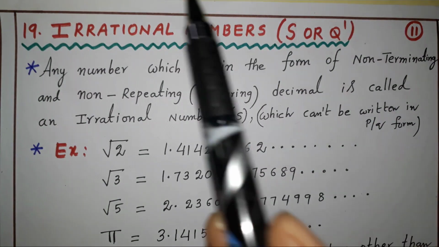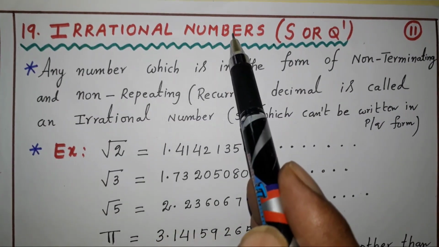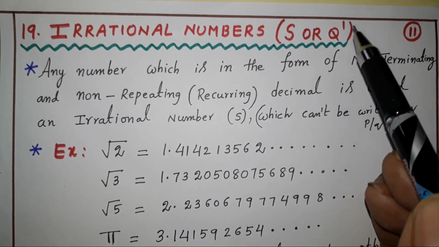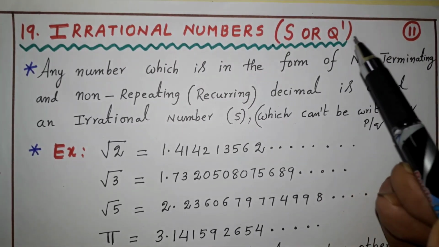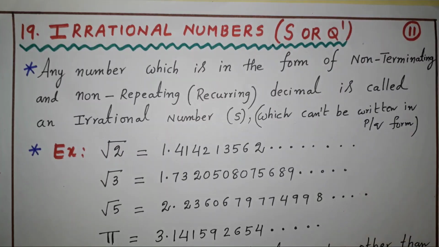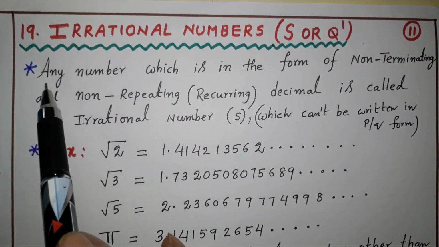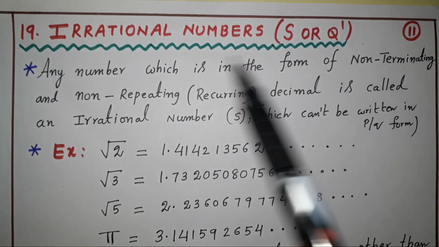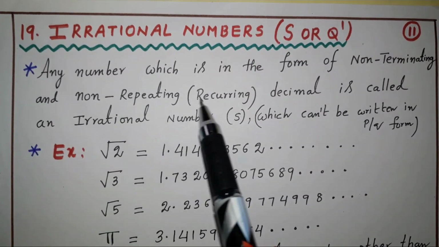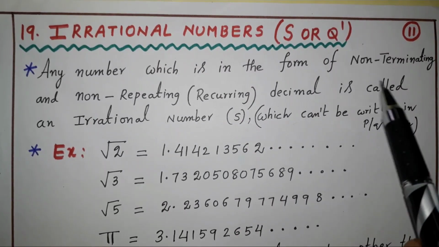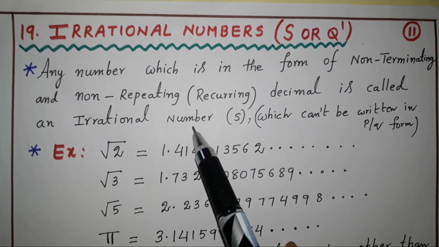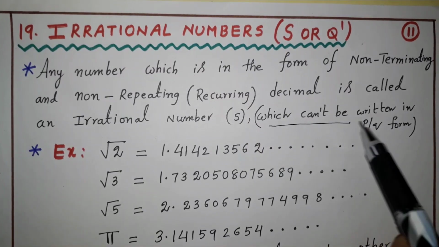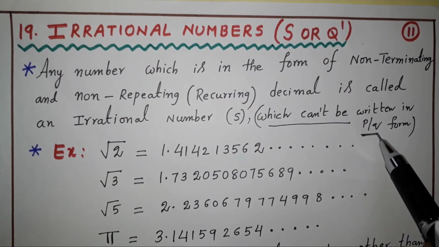Now the next topic is irrational numbers, represented by S or Q dashed. This Q power 1 is read as Q dashed. See the definition, children. Any number which is in the form of a non-terminating and non-repeating or recurring decimal is called an irrational number. That means numbers which cannot be written in the form of p by q.